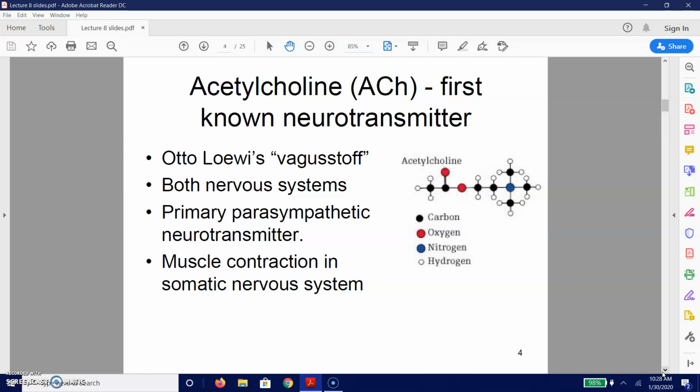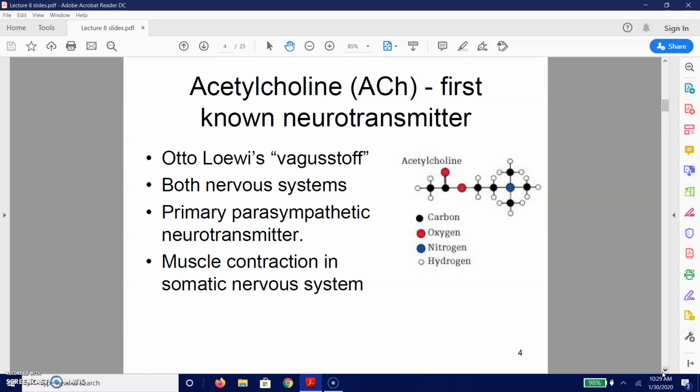Specifically, his experiment showed that if you stimulate the vagus nerve, which we talked about before, it's part of the parasympathetic nervous system, and it slows heart rate. Stimulating the vagus nerve causes contraction of the heart to slow, and the liquid containing the neurotransmitter, when transferred to another heart, would cause that heart to beat more slowly as well.